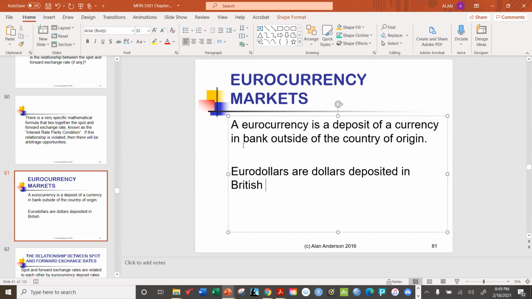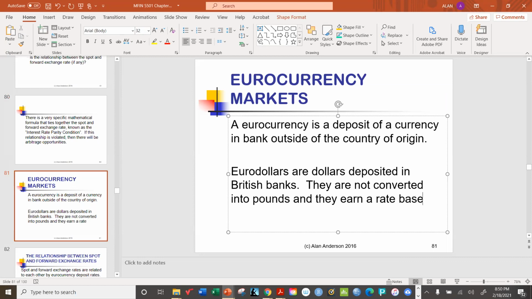That's actually the world center for the euro currency markets, in London. So euro dollars are dollars deposited in British banks. They are not converted into pounds, and they earn a rate of interest, I should say, based on the dollar, not the pound.